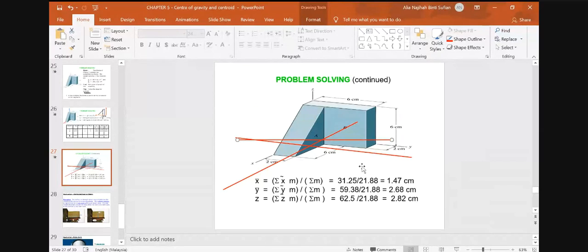Anybody of you have an idea where the centroid is? Prof, the x-axis shall be at the segment B. Okay, x-axis. Is this correct? I draw the x-axis here. No, that is Y. Y is 2.68.